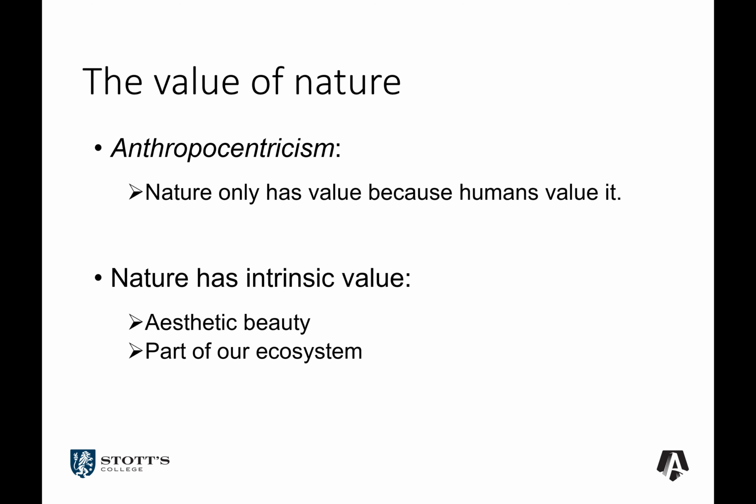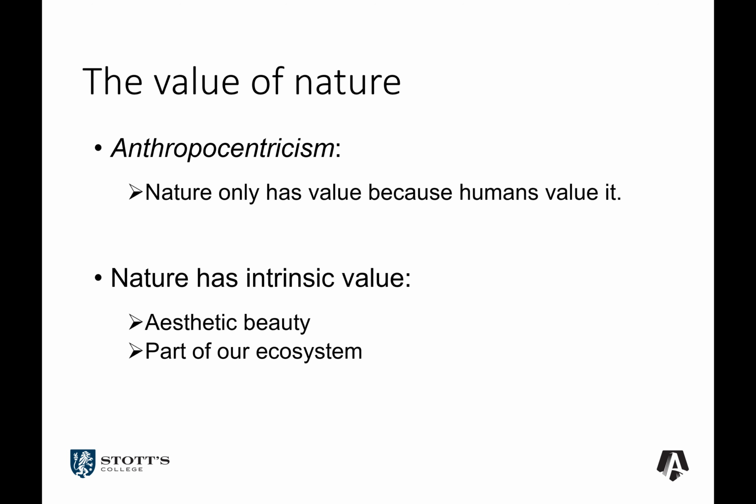Anthropocentrism says that nature is only valuable because humans value it. The opposing view is that nature has both an aesthetic and an ecosystem value. The subsuming view is that nature has an intrinsic value. The opposing view is that aesthetic value is part of our ecosystem, required for a sustainable future society, future business, future everything.